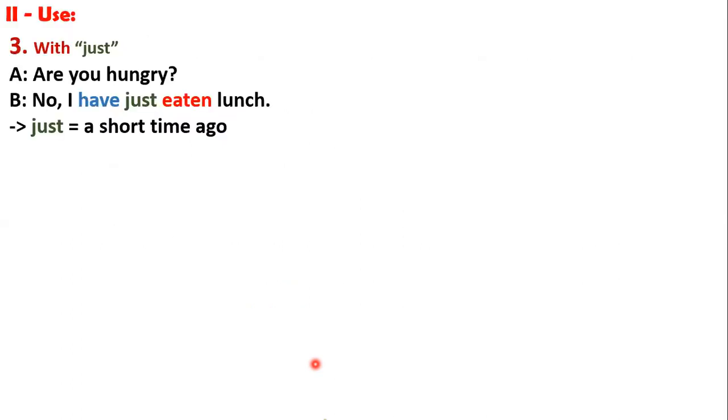Let's continue. So number three, we have seen number one and number two. When we don't have a time indicator, which means we don't know when in the past, we use the present perfect. Or when the meaning of the sentence indicates that the action started in the past and is still ongoing, still continuing in the present.